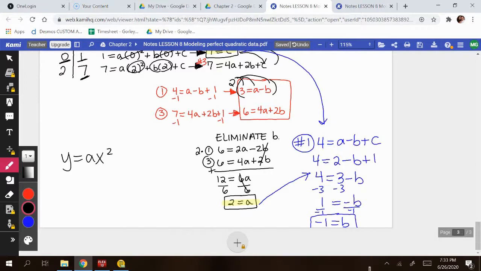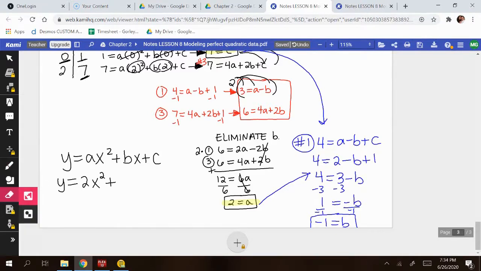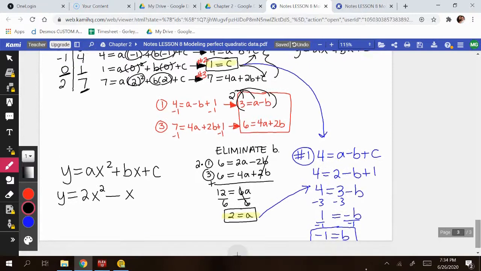Just have to plug in our variables that we just got into standard form. So we have y equals, what was a? A was 2. What was b? B was negative 1. So I'm really going to put minus x. And then c, that was given to us originally. C was equal to positive 1. And there you go.